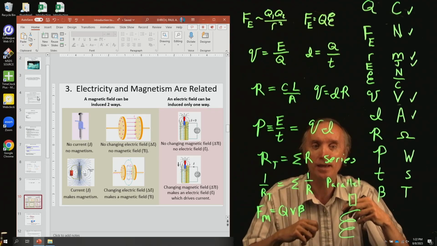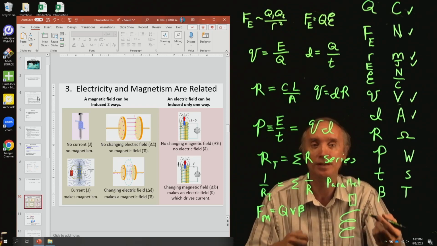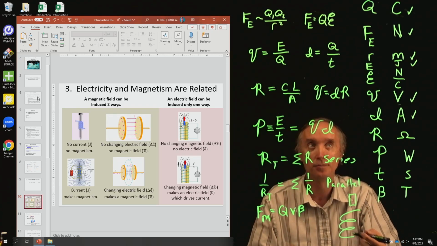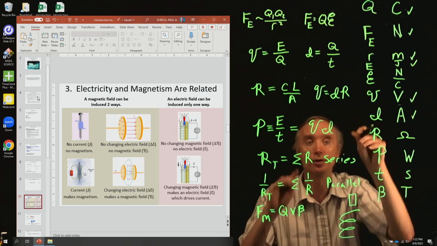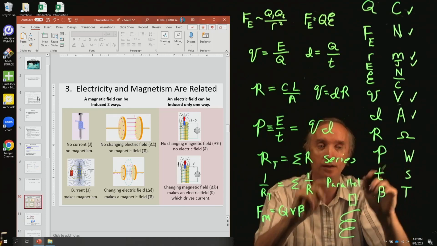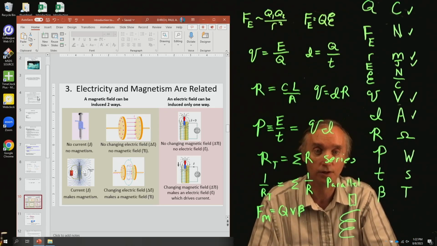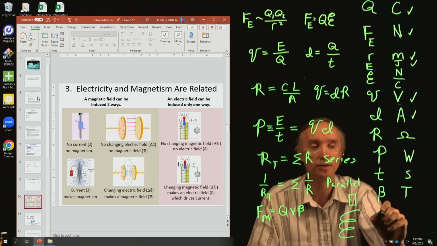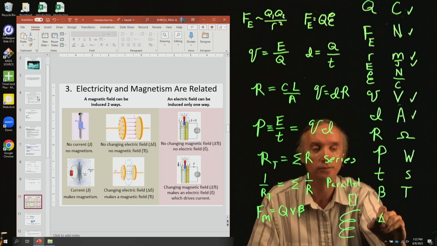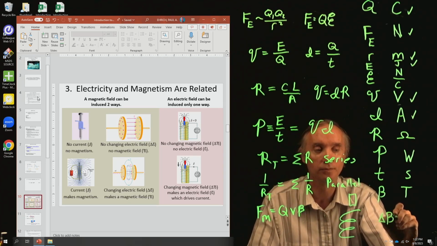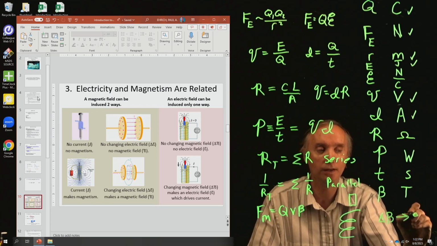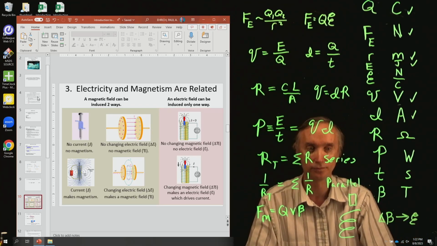Another name for electricity would be the electric field, because the electric field is what pushes the electrical charges in the wire. So another thing we could say is that a changing magnetic field makes the electric field.